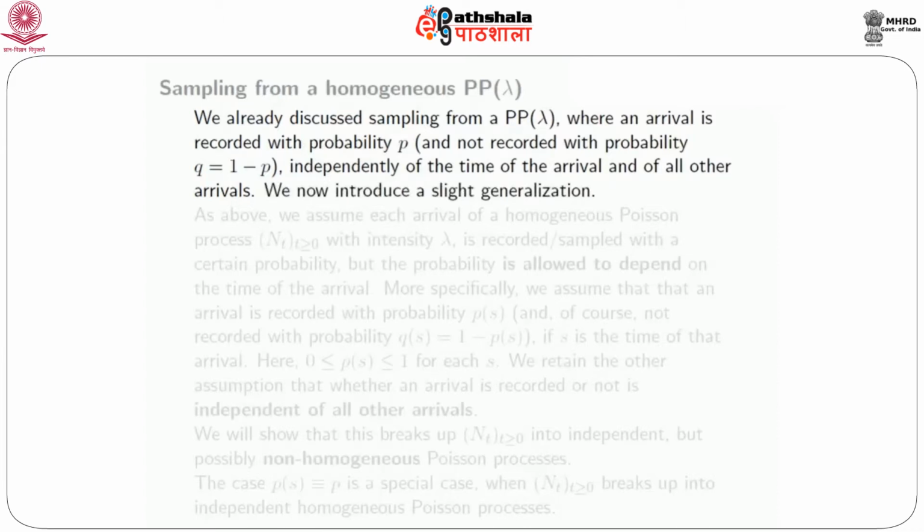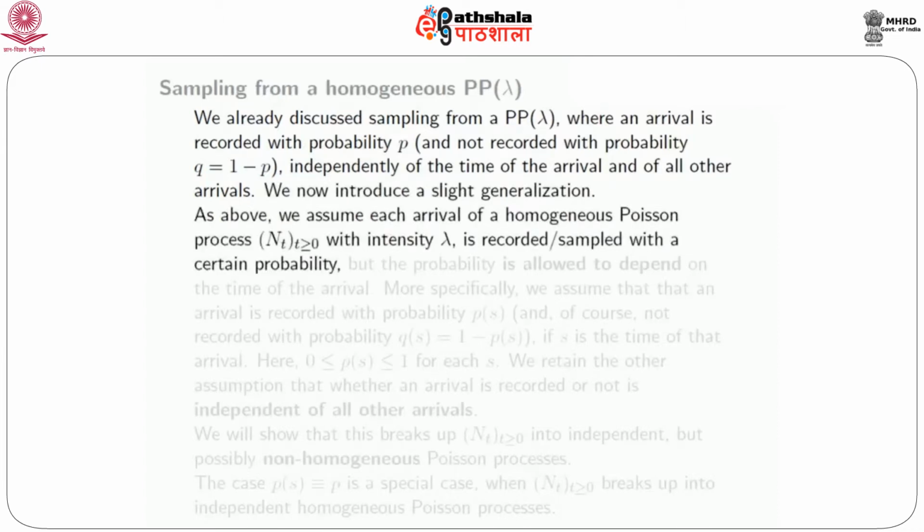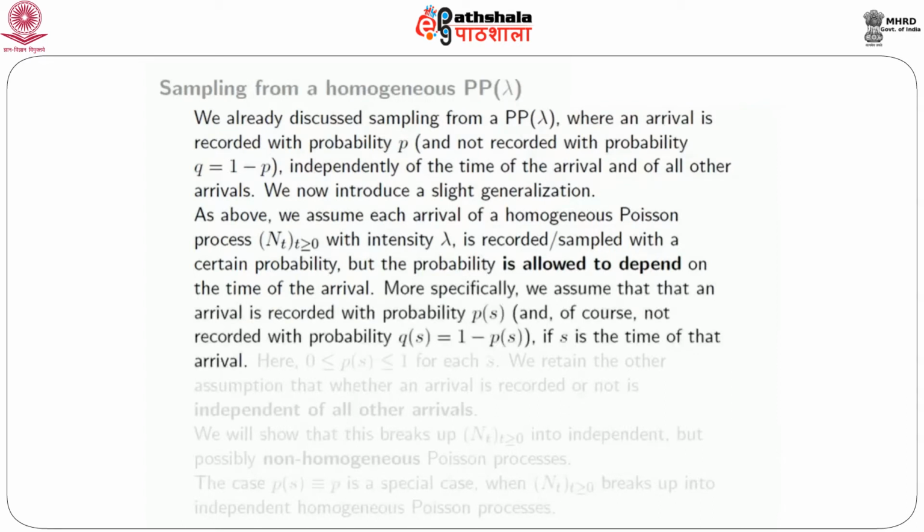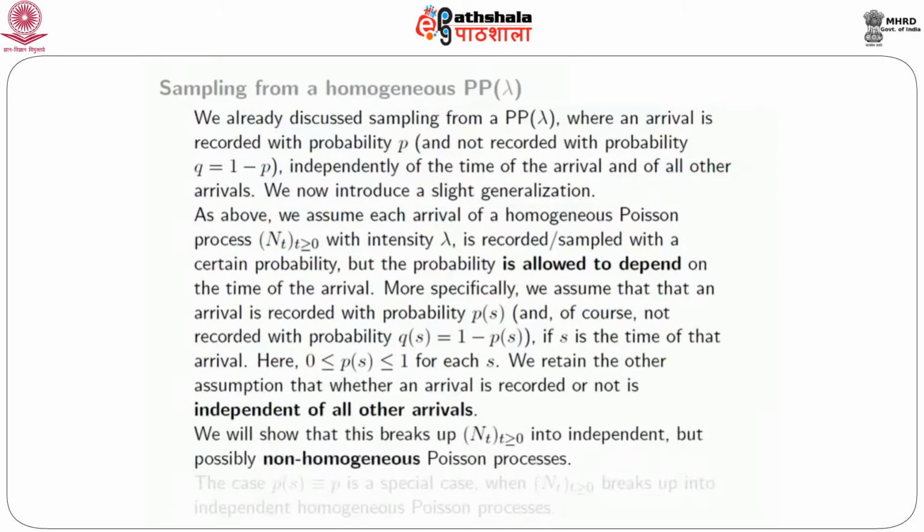So go back to the situation where each arrival of a homogeneous Poisson process, N(t), with intensity lambda is recorded, sampled with a certain probability, or goes unrecorded or unsampled.